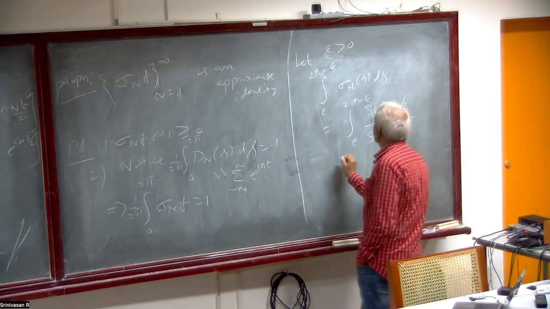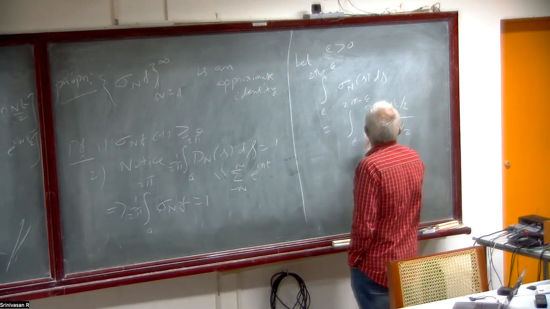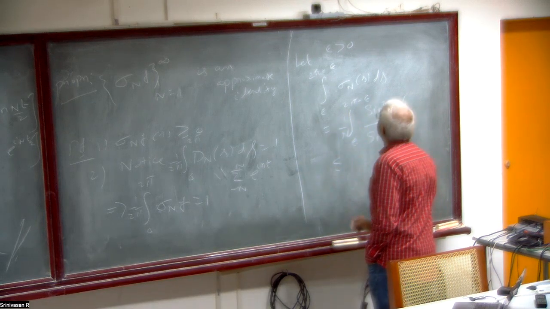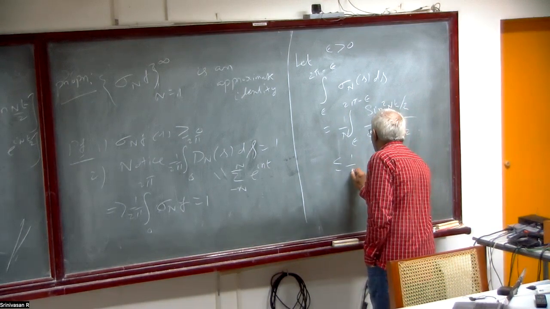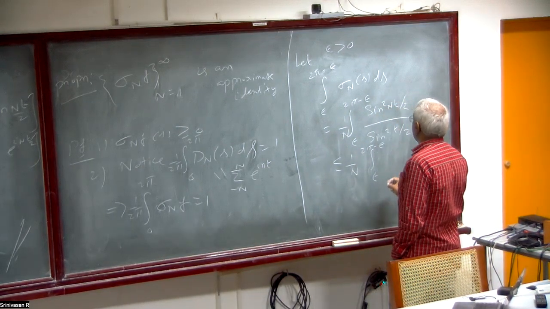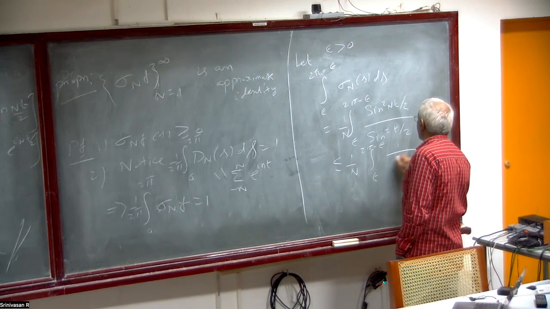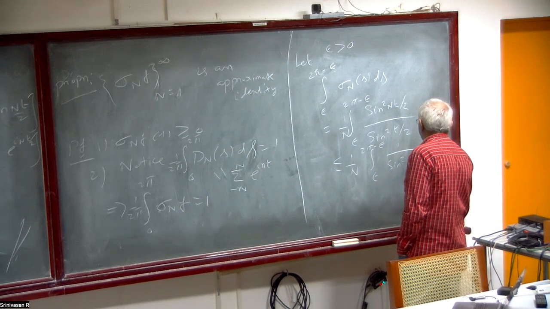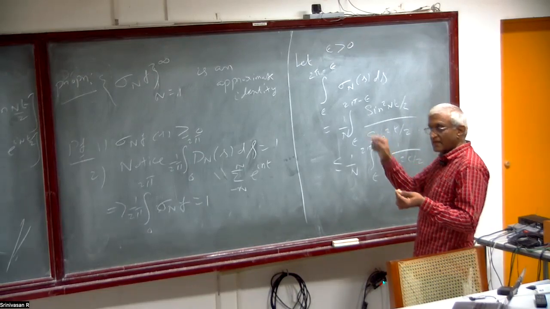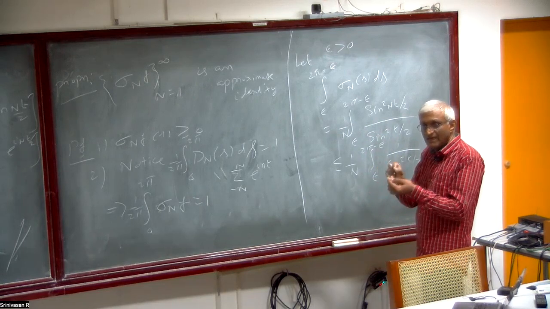And this is, of course, less than or equal to 1. This is all positive. So that's 1 by n, times the integral from epsilon to 2 pi minus epsilon, and this is less than or equal to 1. We only worry about this sine square t by 2. And sine square, after epsilon it will increase, and before pi minus epsilon it will decrease.